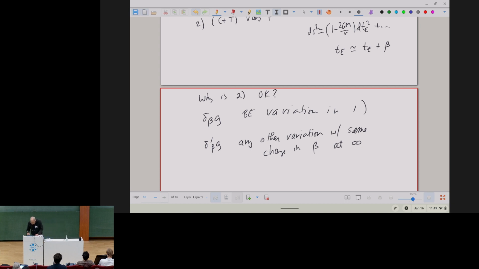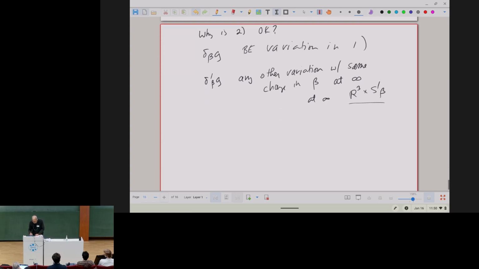So in other words, at infinity, we have R3 times S1 beta. So let delta prime beta be any change in the metric which at infinity looks like a change in this parameter beta in the metric at infinity. But we do anything we want in the interior. These are first order changes in the metric, right?